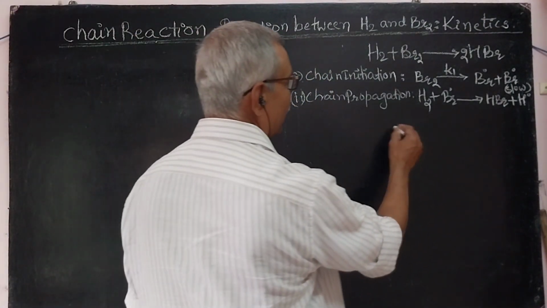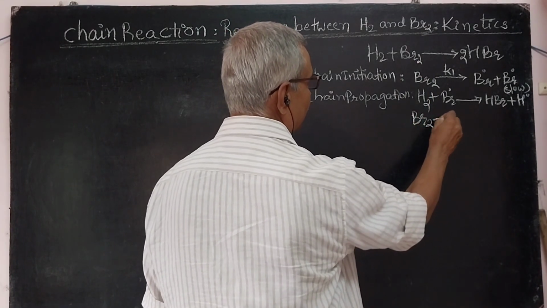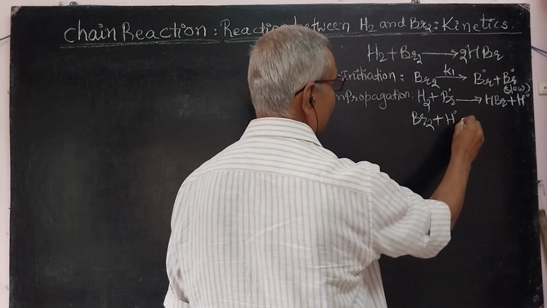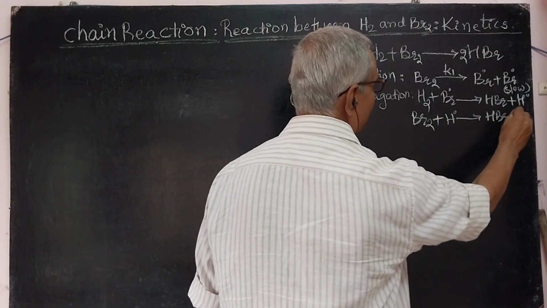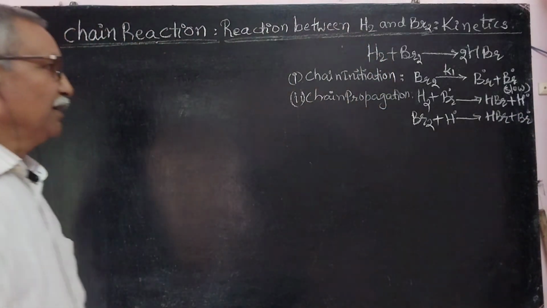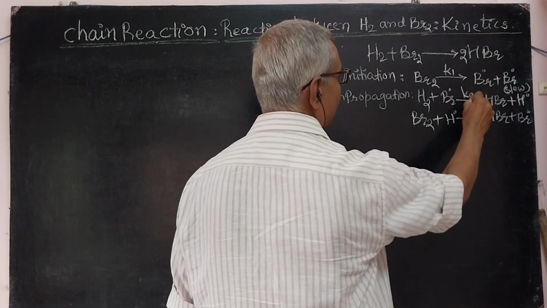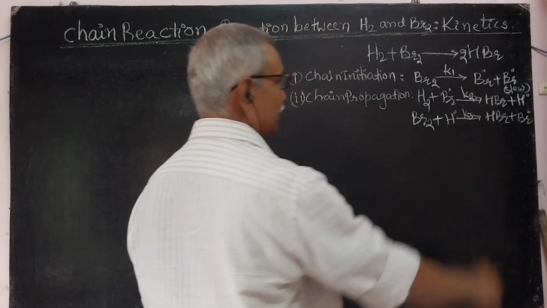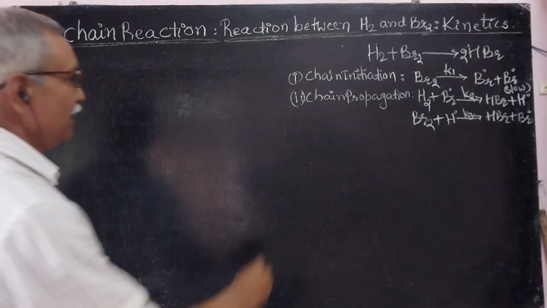Then another molecule of bromine reacts with this chain carrier, that is H dot, and forms another molecule of the product, and another Br dot is formed. Suppose this reaction takes place with rate constant K2, and this reaction takes place with rate constant K3. Then the next one is chain inhibition.